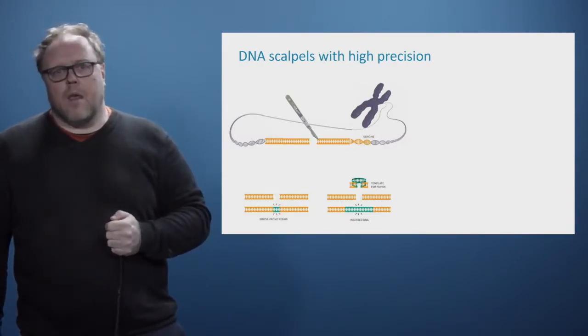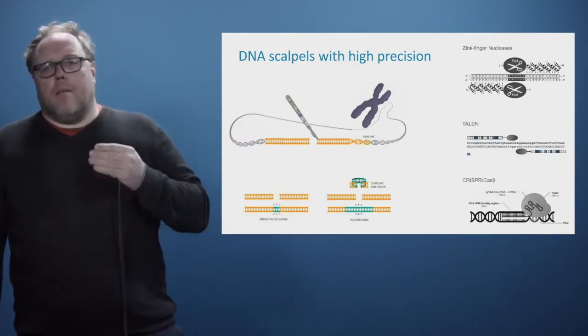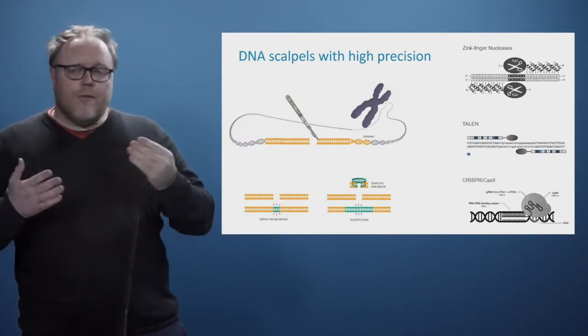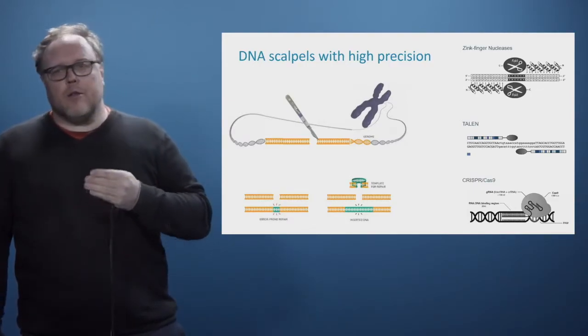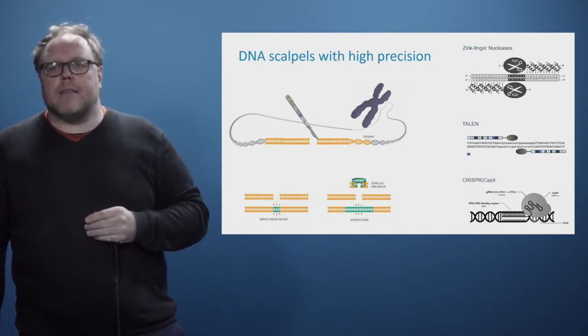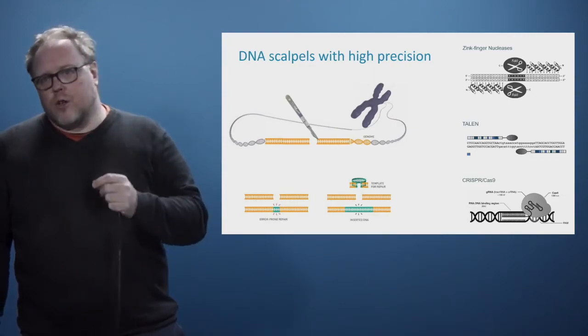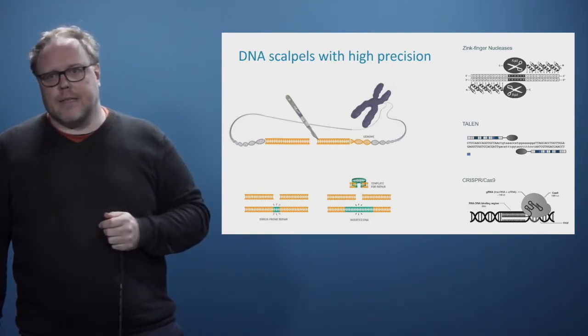There are various biotechnological tools, all of these scalpels developed in the last 20 years as well, including zinc finger nucleases, TALENs, and the focus of today, the CRISPR-Cas9 system.